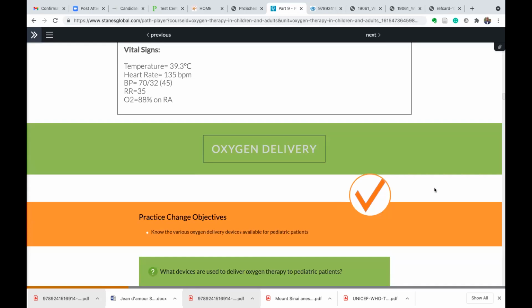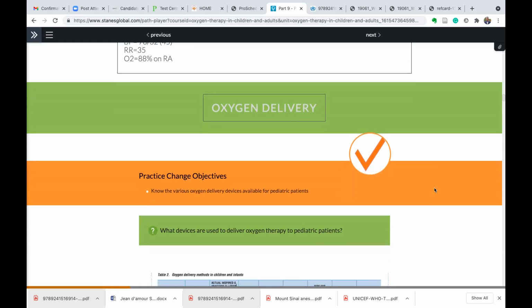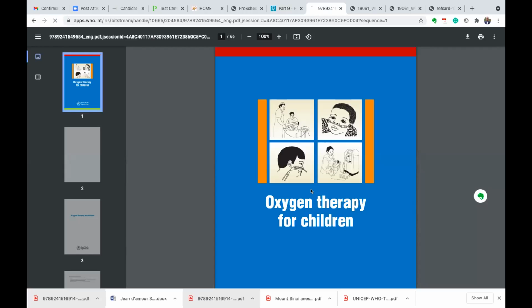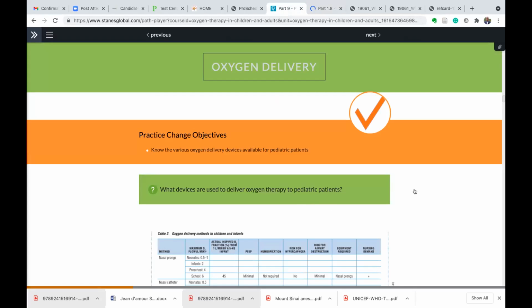The objective for this part of the session is to know the various oxygen delivery devices available, and you have already answered some of the questions. For this particular patient, what device will you use? You can answer that in the chat. What device will you use and how much oxygen will you give?